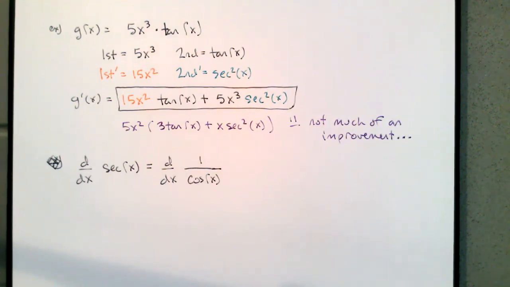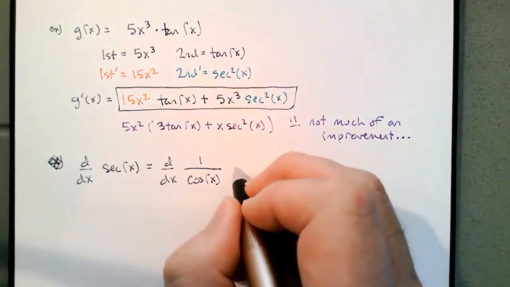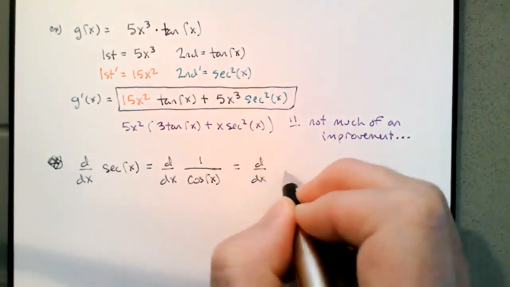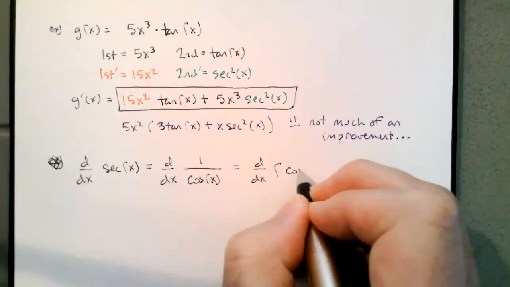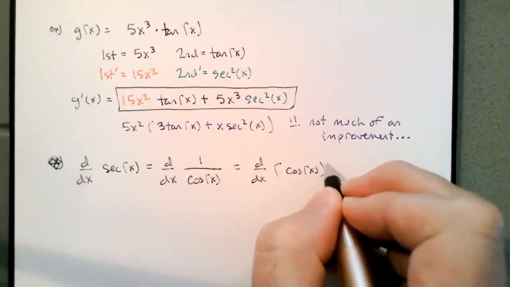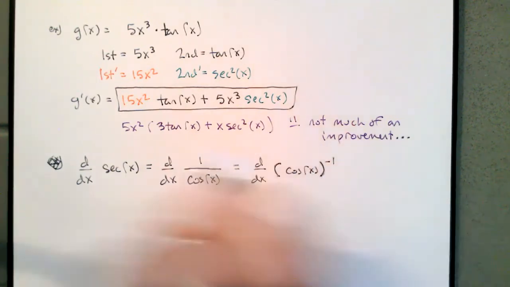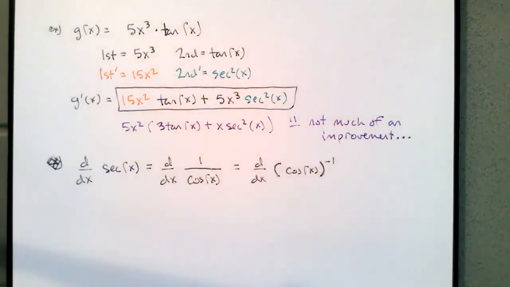I can also write secant as the whole cosine of x all to the -1, the reciprocal of cosine of x. And I'm going to write it this way so I don't confuse the reciprocal of cosine x with the inverse cosine.